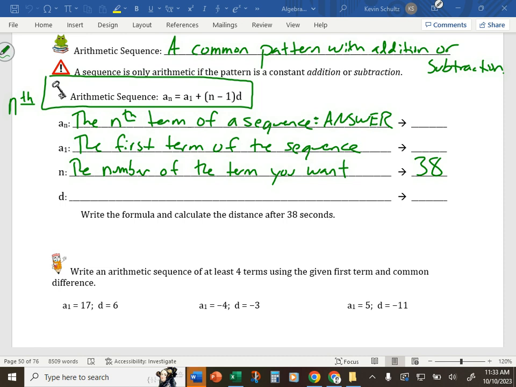Okay? The first term of the sequence, which in our example above, that chart, what was the first term? Before we started adding 32 over and over again, what term did we start with? 16. Okay? And then D stands for the common difference.